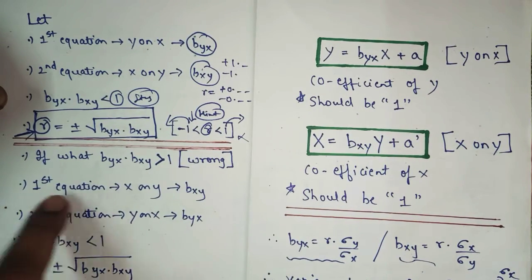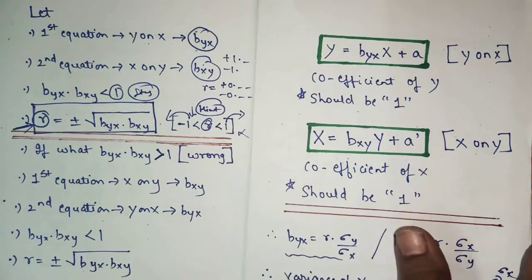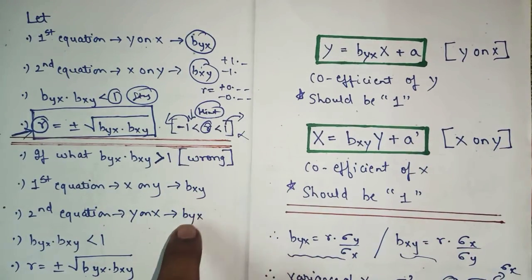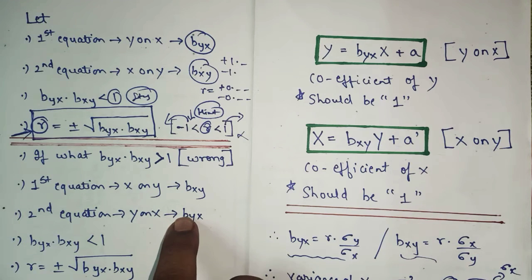When you consider the first equation in the second case as x on y, you will get bxy, and in the second equation you will get byx.